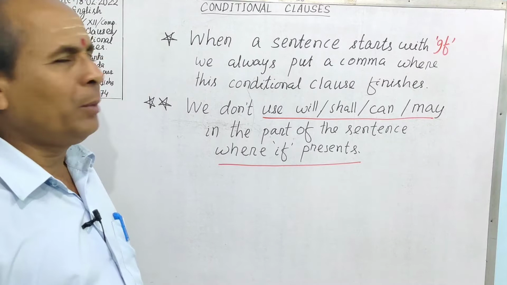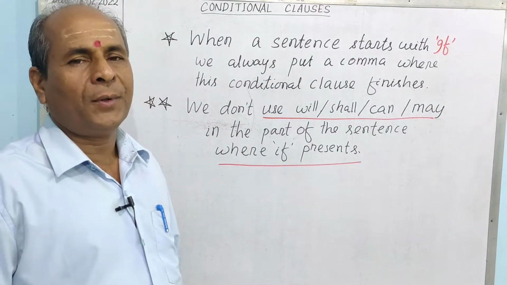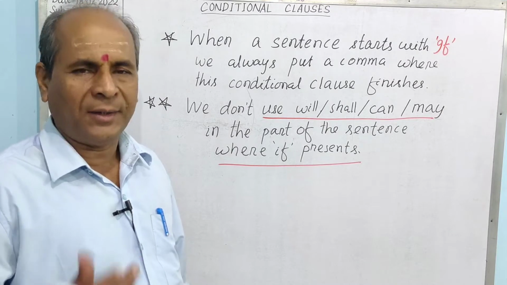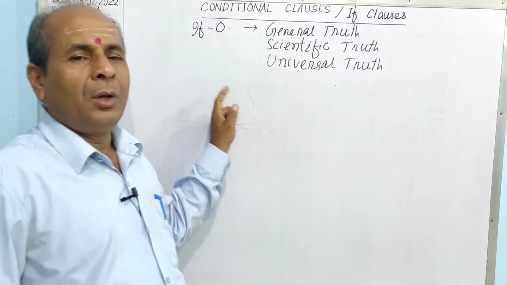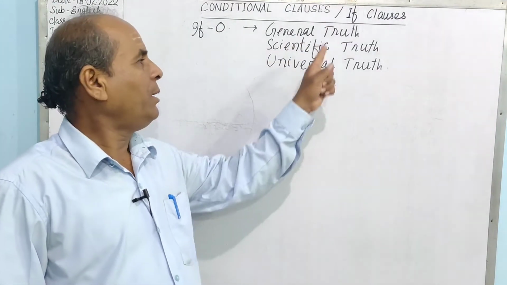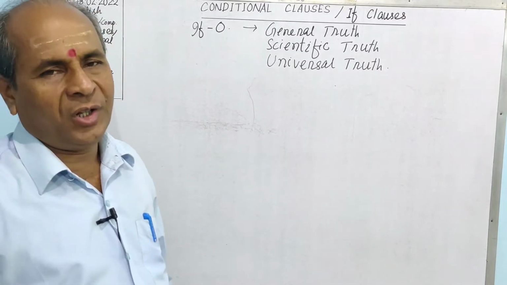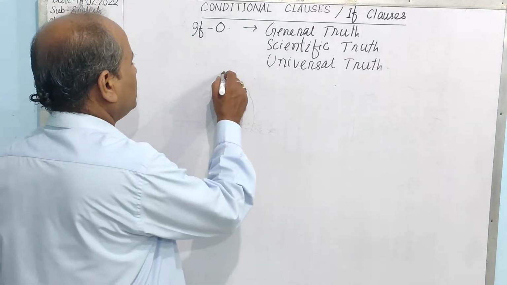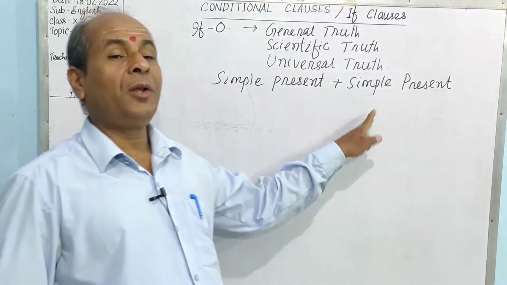Now let's discuss different types of conditional sentences or if clauses with some examples and structure. Now we discuss if 0. It always relates to general truth or scientific truth or universal truth. Its structure is simple present plus simple present.